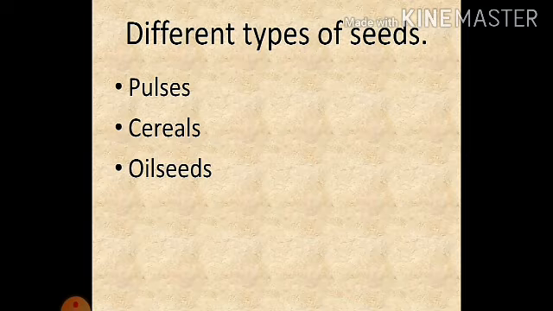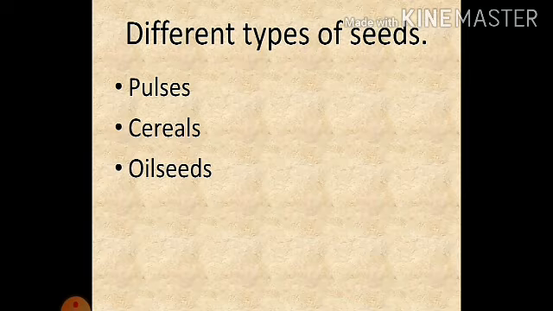Oilseeds are the seeds which will release oil. When they are broken, they will be broken into pieces, powder or paste. Those seeds are known as oilseeds. Examples are groundnut, mustard and soya bean.